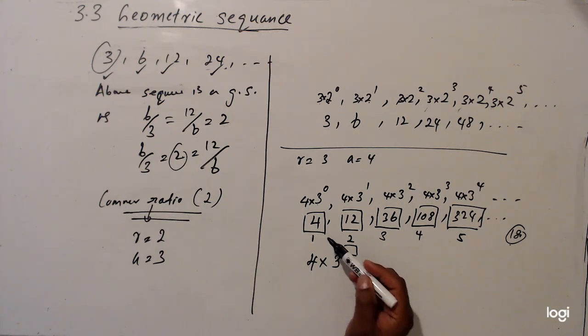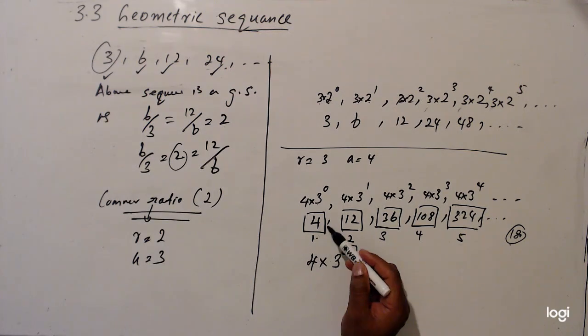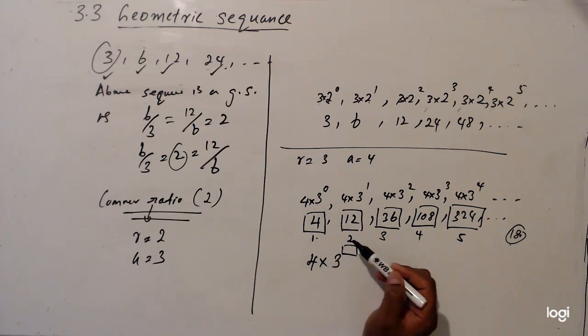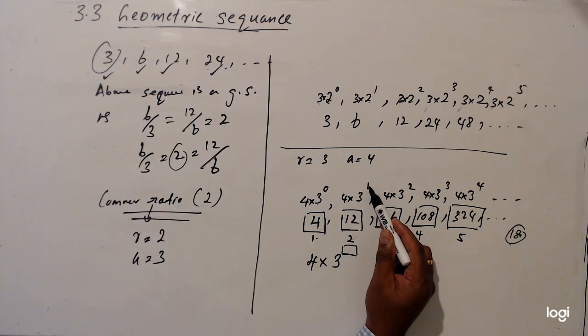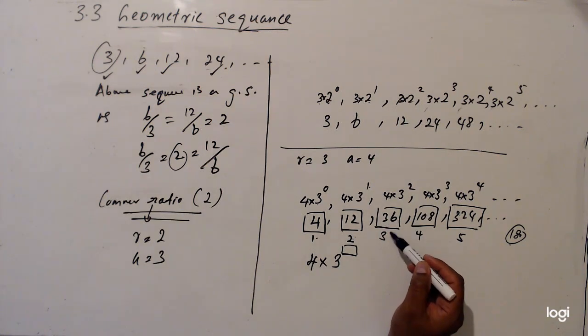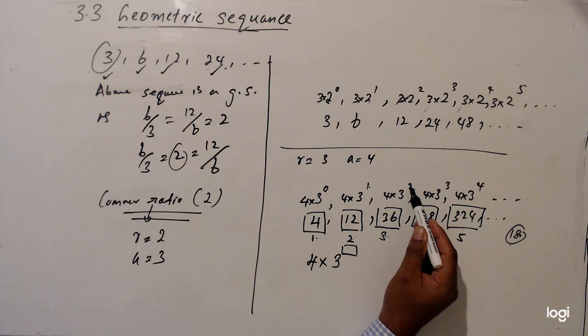Now we can see that if the term is 1, then the power is 1 less than the term, 1 minus 1. If the term is 2, the power is 1 less than the term, 2 minus 1. And if third term, the power is 1 less than 3, minus 1, 2.